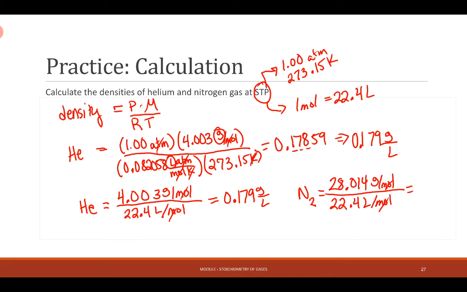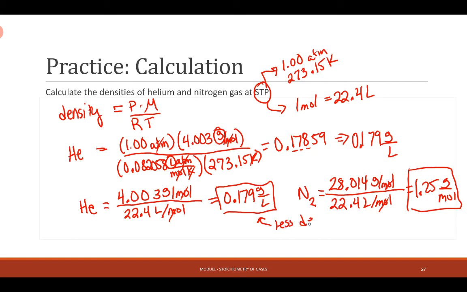So take that 28 and divide it by 22.4, and you end up with 1.25 grams per liter. So if we compare the density of nitrogen and helium, we can see that helium is less dense because it has a lower molar mass than nitrogen.